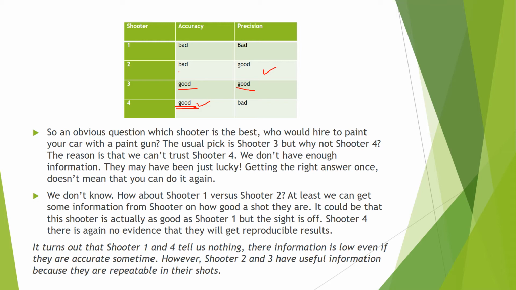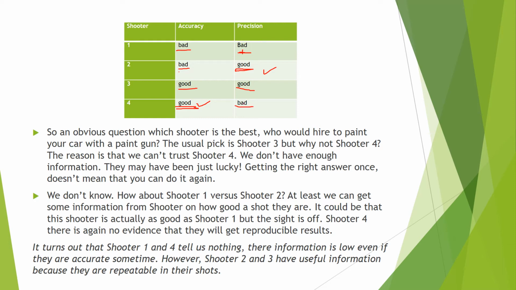Now how about number 1? You don't want to work with them. Number 2 is a different story. Even though they're not accurate, I would be willing to work with number 2 way more than I would work with number 1 or number 4, because of their precision.